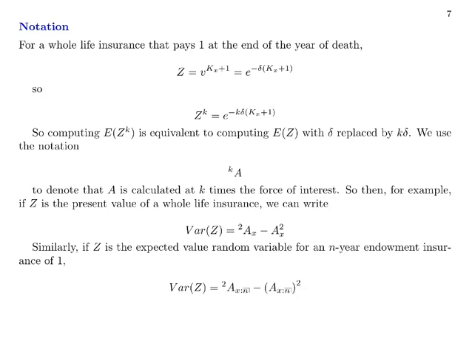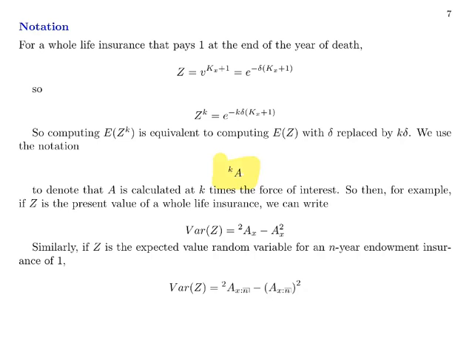So if I'm going to compute the variance, for example, I'm going to need the expected value of Z squared, and the way I compute the expected value of Z squared is I do the same thing as I do to compute the expected value of Z, but I use 2 delta instead of delta for my interest assumption. So we have a special symbol for that.